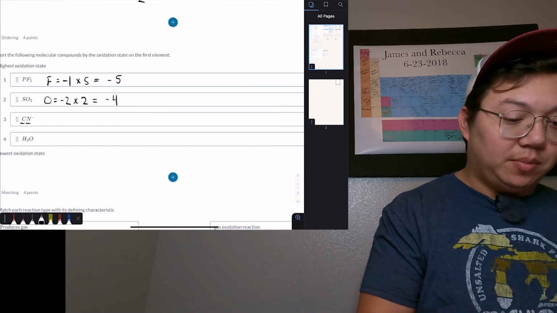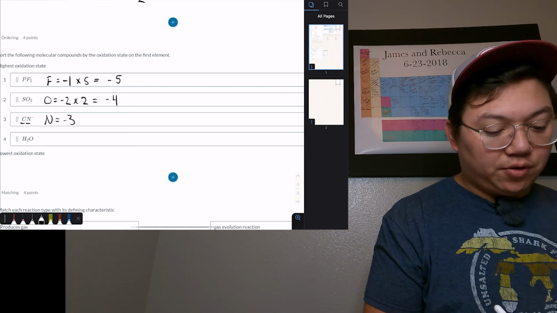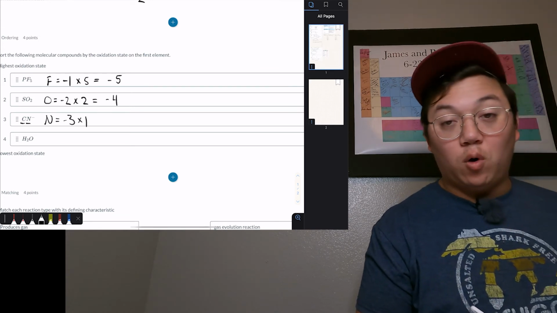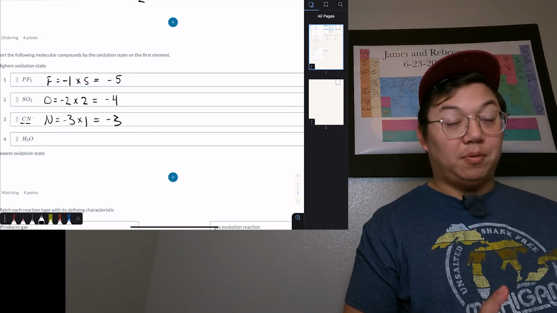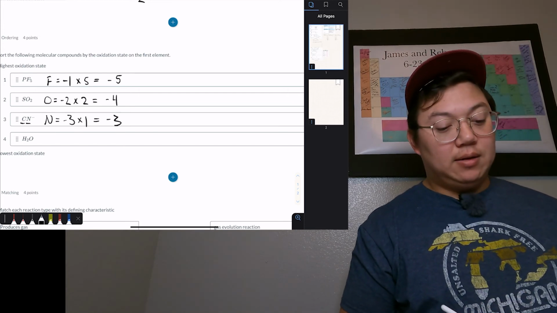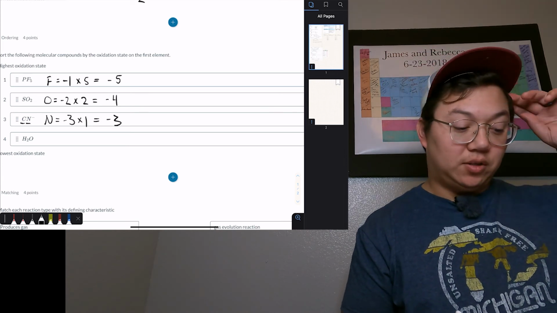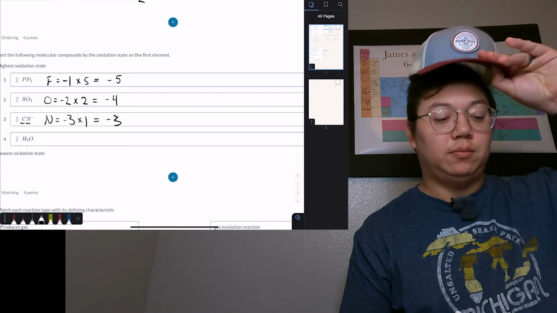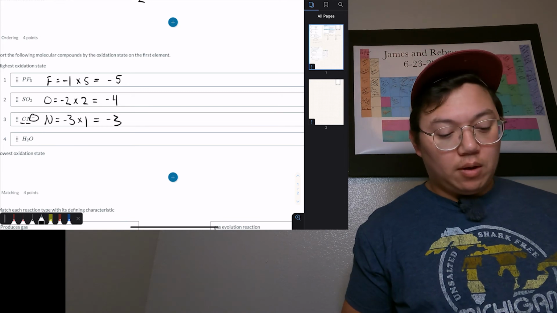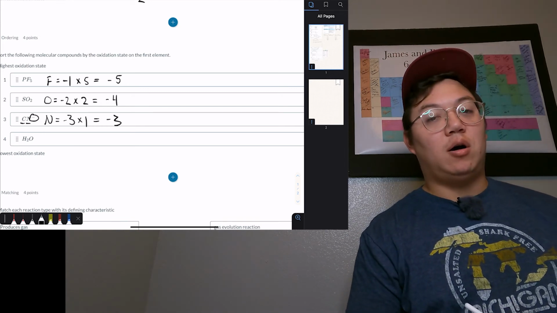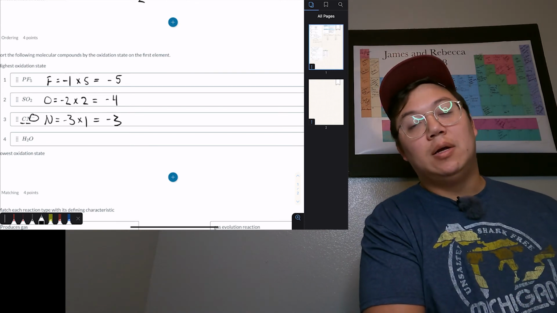And this has a little bit of an additional twist. So nitrogen is -3, and we're going to multiply by 1 because we only have one of those. So it's a -3 charge. But before we can go and say that we flip the sign and make carbon a +4 charge, we have to look at this charge up here.